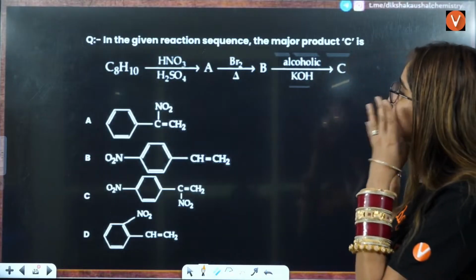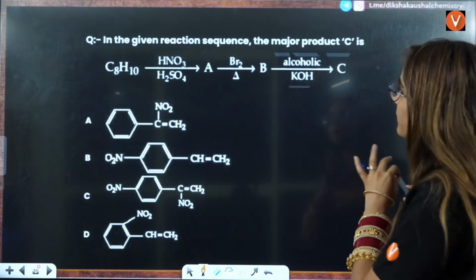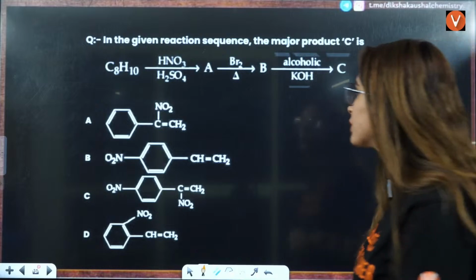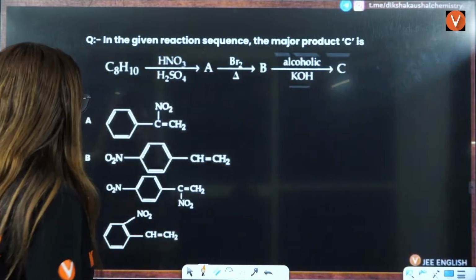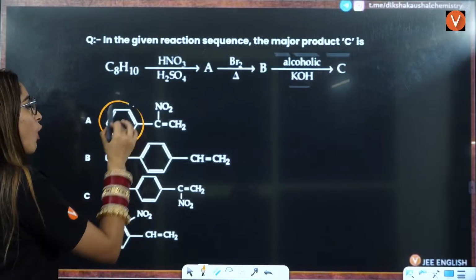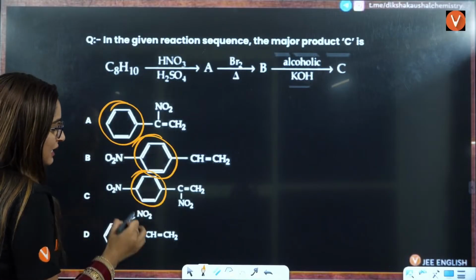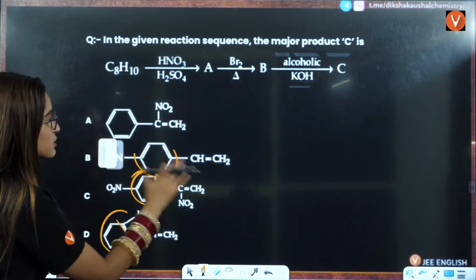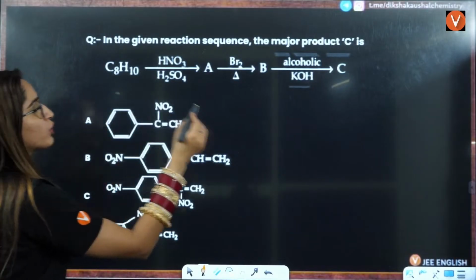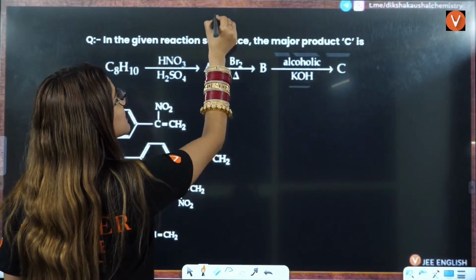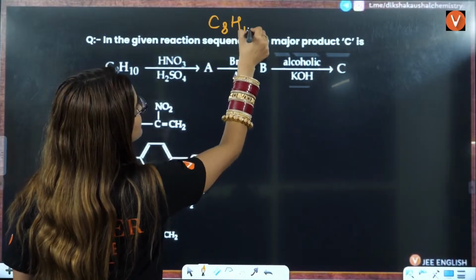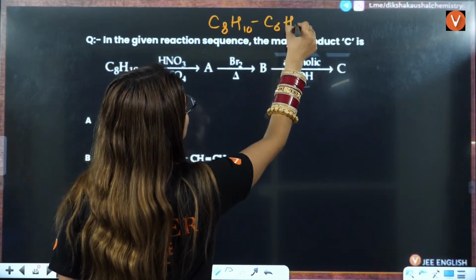Next is, in a given reaction sequence, they are asking for the major product C, right? If you see, in all the compounds you have benzene here. That means for sure this compound should have benzene. So from C8H10 you subtract the benzene part, that is C6H5.